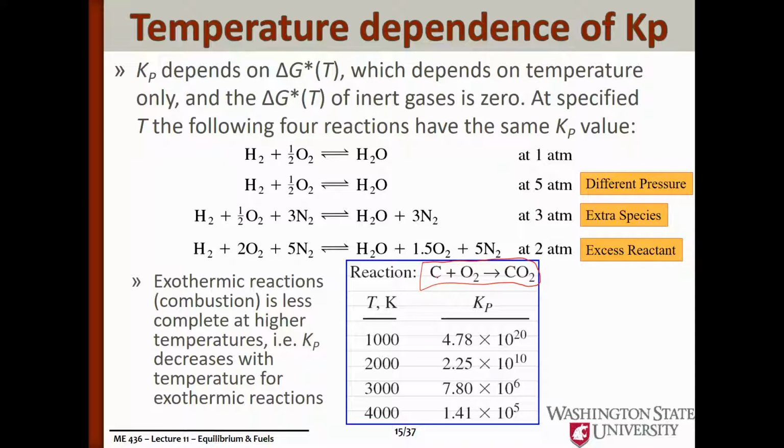At low temperatures, equilibrium is going to send it all the way to CO2. So it's going to be a very high equilibrium constant for this reaction in the direction from carbon and oxygen to CO2. As you go to higher and higher temperatures, you're going to have more of these reactants left over, so it's going to be a smaller number.